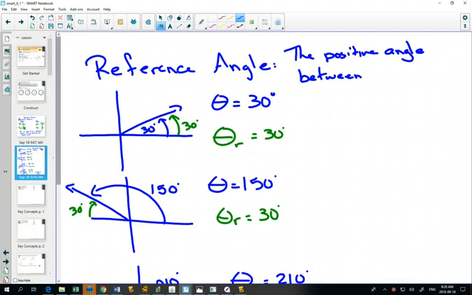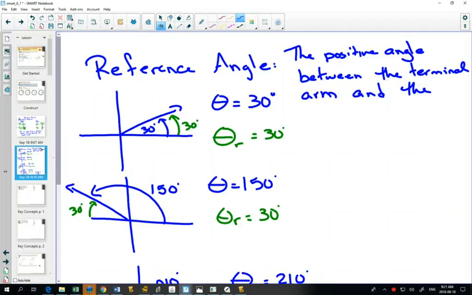Does anybody know what the line where an angle ends is called? It's called the terminal side of an angle, because that's where the angle ends. So it's the positive angle between the terminal side or terminal arm and what?